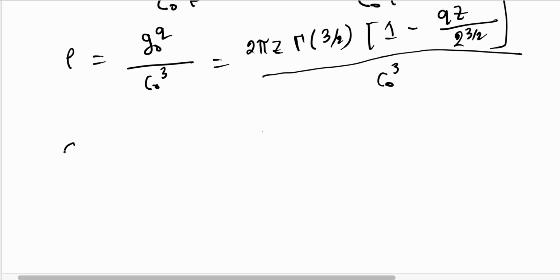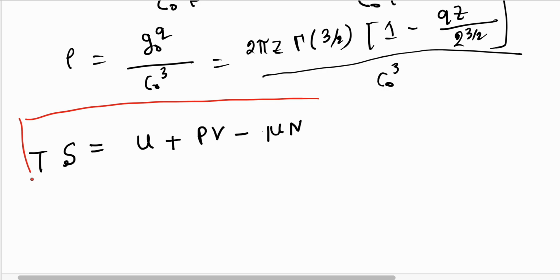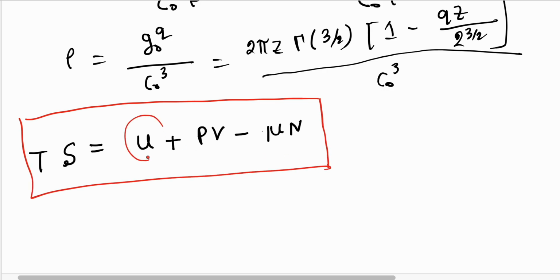Now we know that TdS is equal to internal energy plus PV minus mu n, right? So we have already calculated the leading order correction of U and rho, that means n.